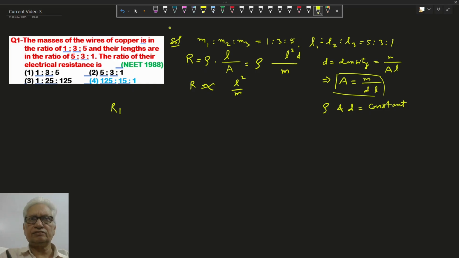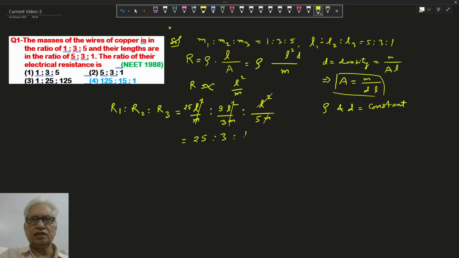Here R1 upon R2 equals L1 squared by m1 upon L2 squared by m2. So 25 multiplied by 5 gives 1 to 5 ratio.